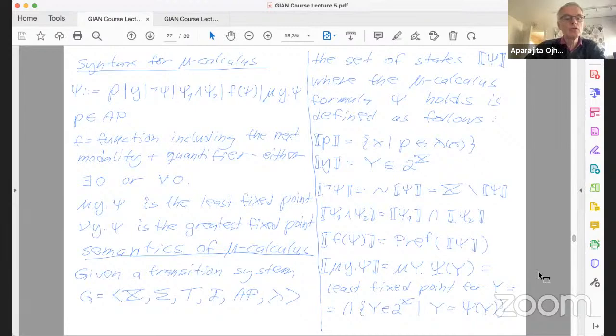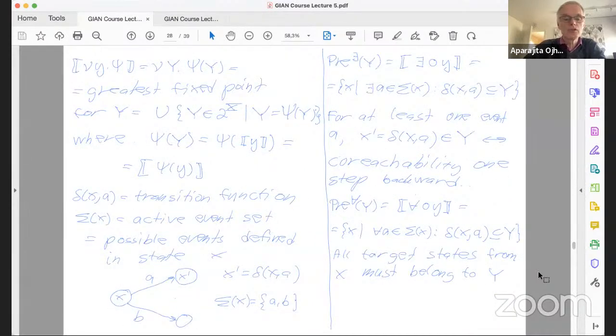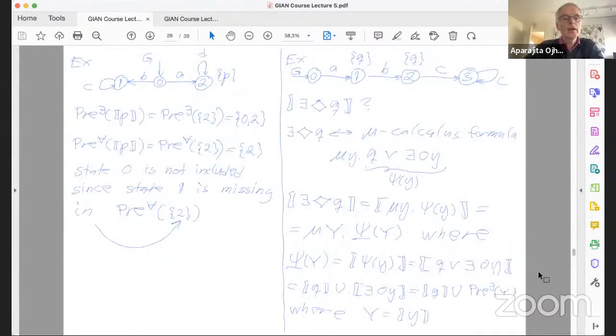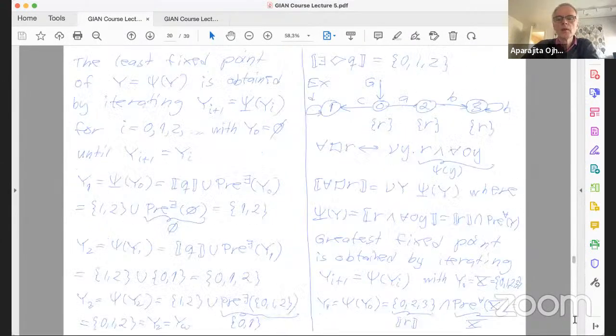And I started to discuss that a bit last time, and I came up with a very small example here, but I will go on with this one and go through it carefully. And then I will come with some additional examples later on.